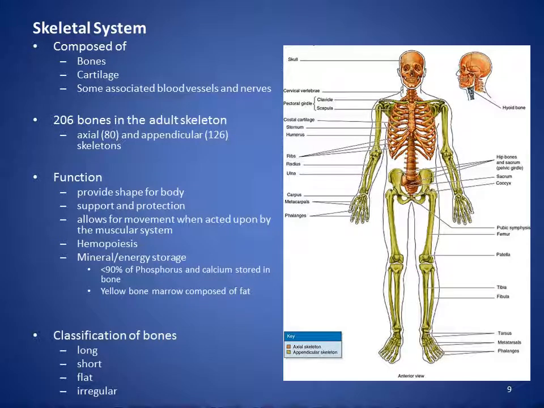The functions include providing shape for the body, as well as support and protection. The skeleton allows for movement when acted upon by the muscular system, hematopoiesis, mineral and energy storage, and the bones can be classified as being long, short, flat, or irregular.